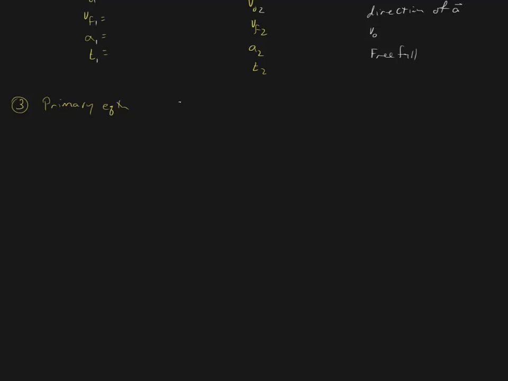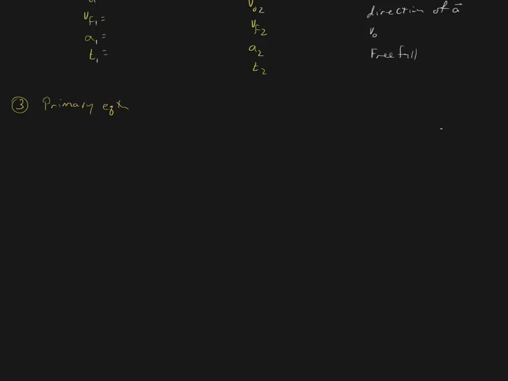It's going to keep you from getting lost and confused. This is the step that's not really emphasized in your textbook. There is no right or wrong equation to use as your primary equation, other than to say that the primary equation should have whatever it is you're looking for.